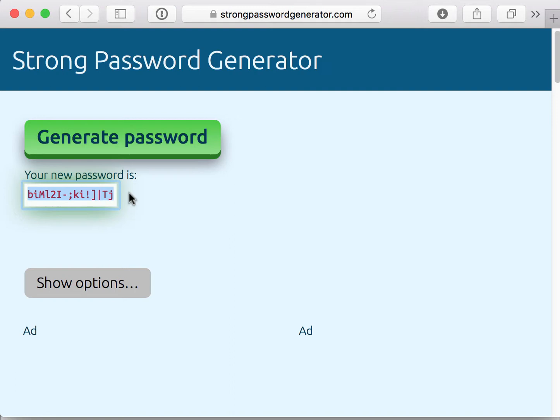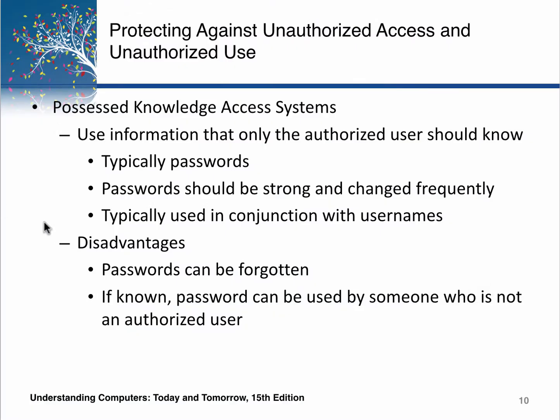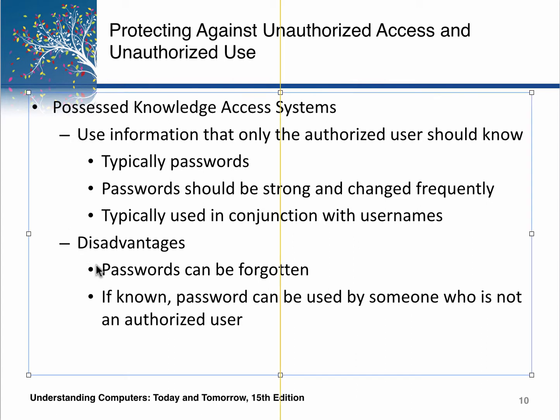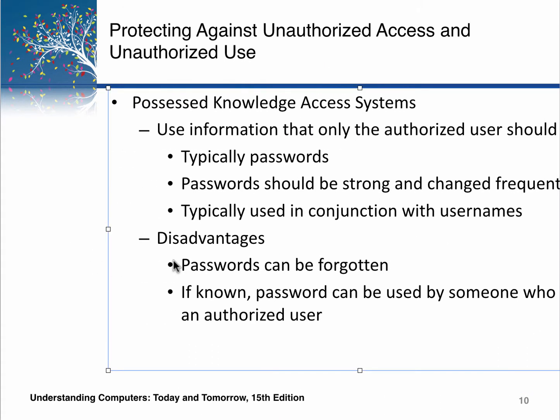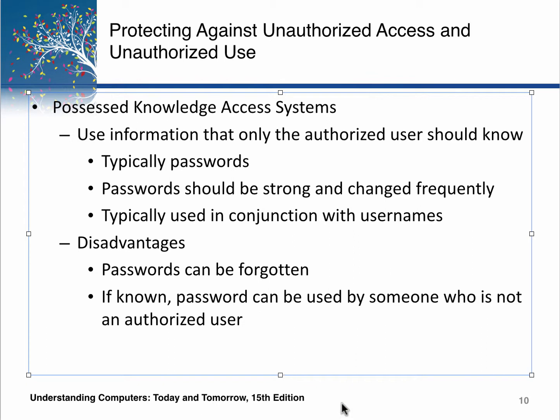But the issue with this is that it's also difficult to remember. And that's one of our disadvantages, is that this type of password is very difficult to remember. It's easily forgotten. And if someone else gets your password, with this system that's only based on a password, in essence, they are you while they're using the computer system.